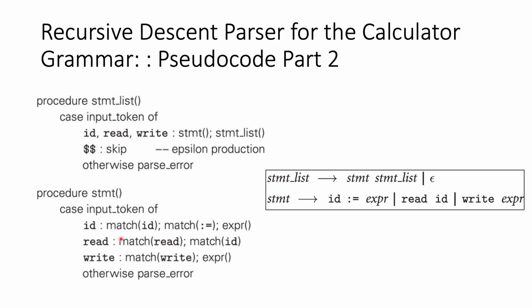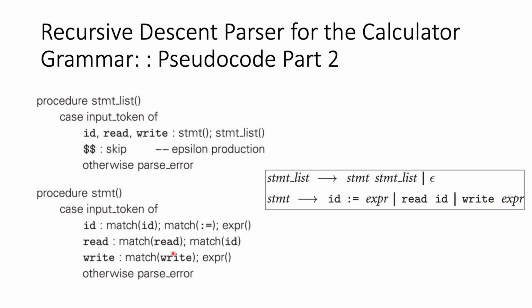The case of ID predicts that the first production for STMT should be used because the right hand side of that production starts with the token ID. Similarly, the case for read predicts the second production for STMT, which is read ID, and the case for write predicts the third production of STMT.